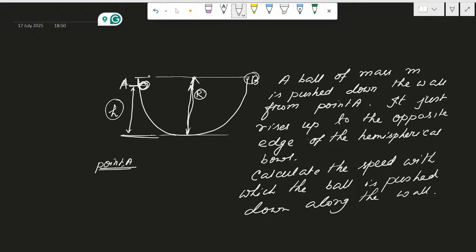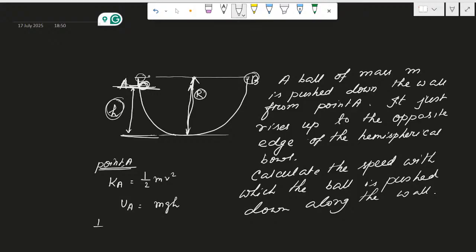Now point A is not the maximum. So at point A, what is the kinetic energy? Because it has been pushed with some velocity from this edge, I can consider half mv square. And because it is at height h, it should also have potential energy, mgh.